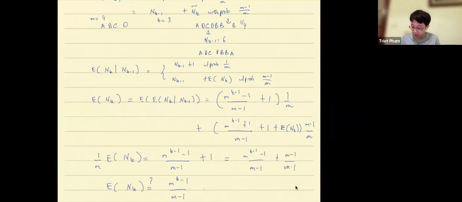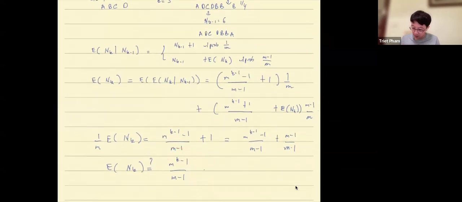All right, let's see if that's true, right? Because if that's true, then when we patch this up, we will get the desired answer. So let's see. This is still 1 over M times E[N_k], right? But on the left-hand side, what should we get? Well, the calculation will be similar, but we don't have a 1 here, right?